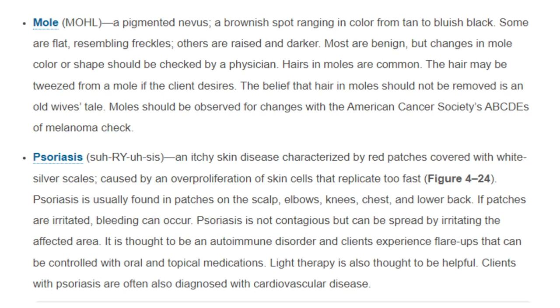Psoriasis is not contagious but can be spread by irritating the affected area. It is thought to be an autoimmune disorder and clients experience flare-ups that can be controlled with oral and topical medications. Light therapy is also thought to be helpful. Clients with psoriasis are often also diagnosed with cardiovascular disease.